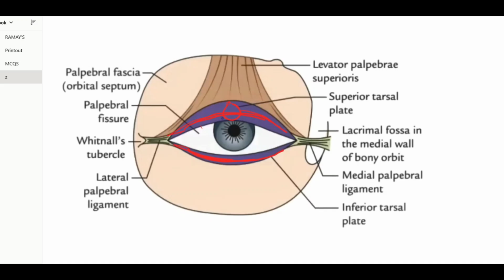Here similarly it is thicker in the center and tapers towards the periphery, and the tarsal plate of the upper eyelid is thicker as compared to that of the lower eyelid. Okay, you can see here the thickness of the upper tarsal plate and the lower tarsal plate as well. Okay, this is the structure known as the tarsal plate.